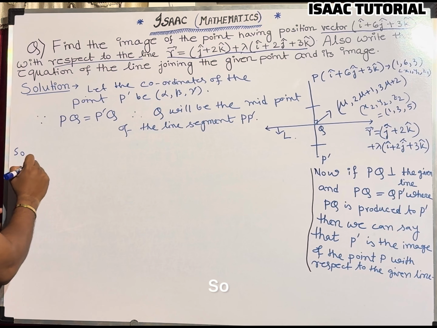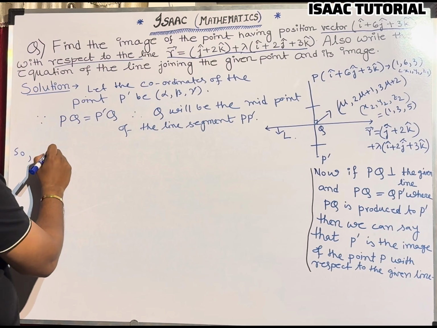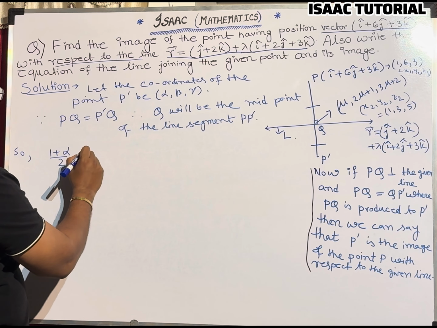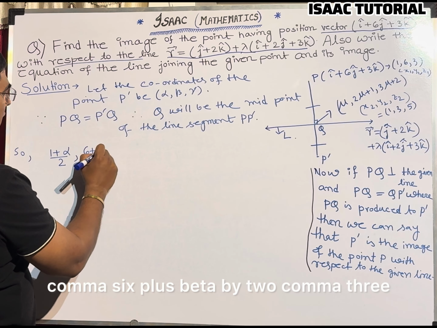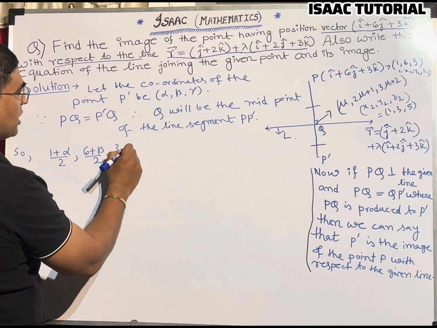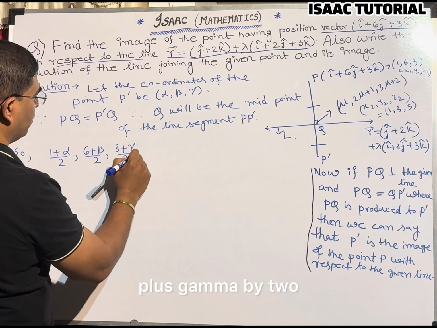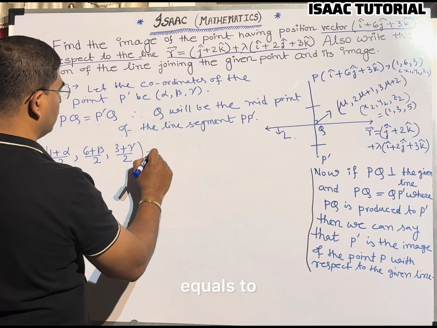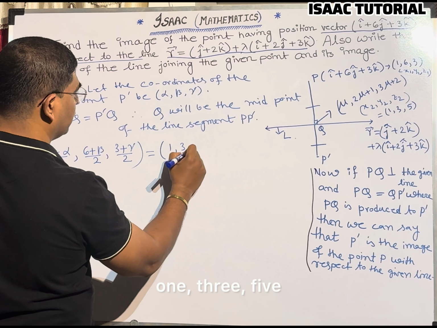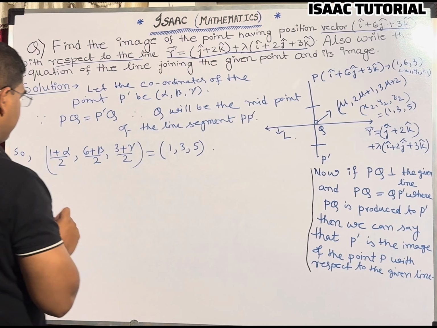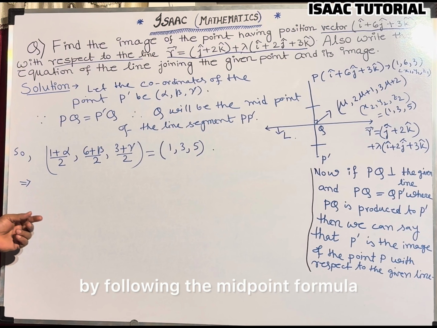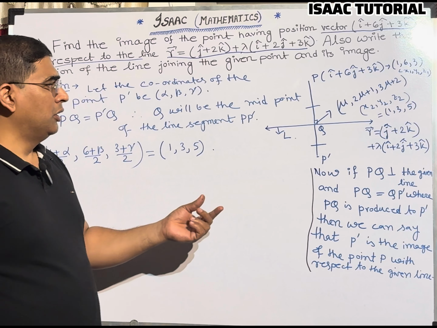So 1 plus alpha by 2 comma 6 plus beta by 2 comma 3 plus gamma by 2 equals 1, 3, 5, by following the midpoint formula.